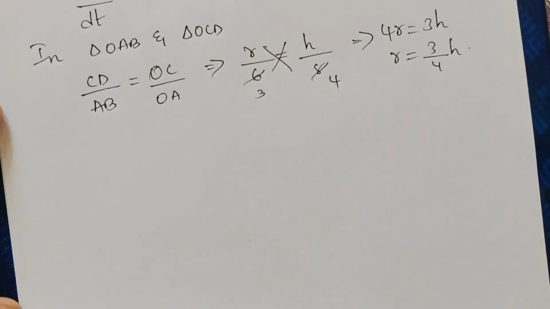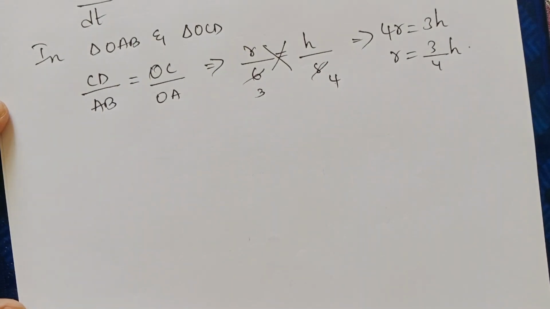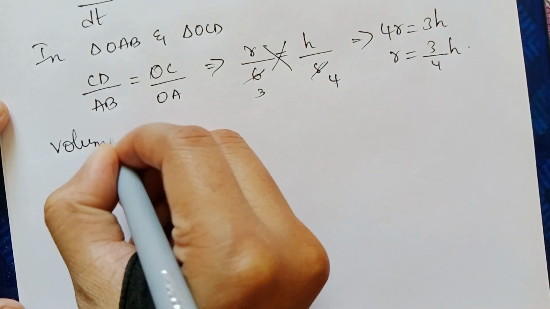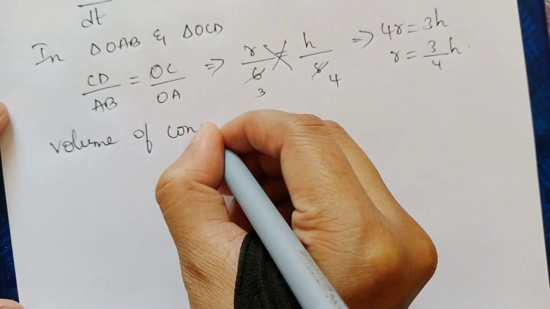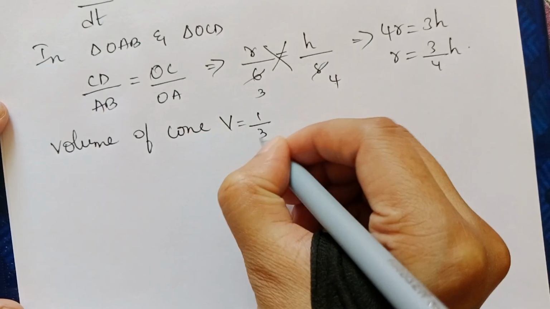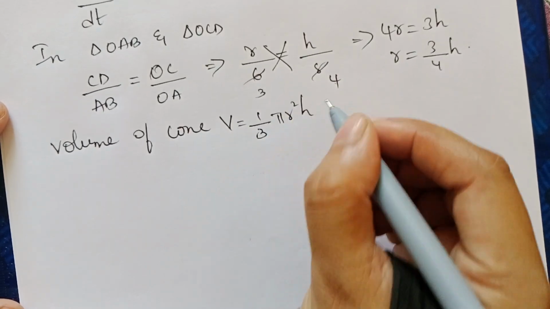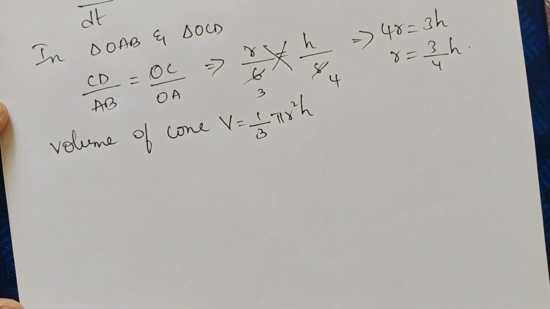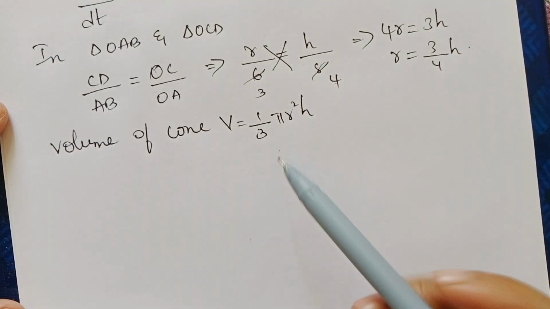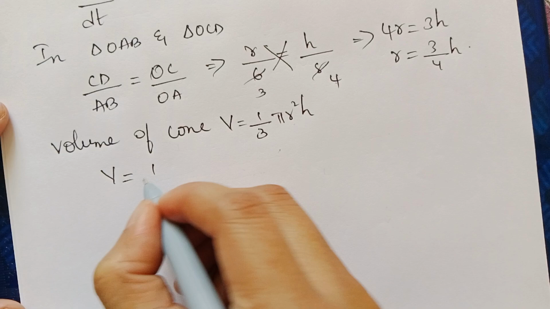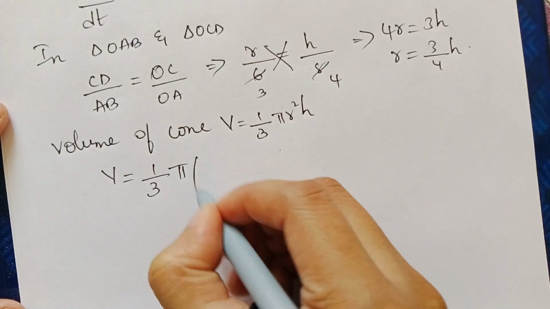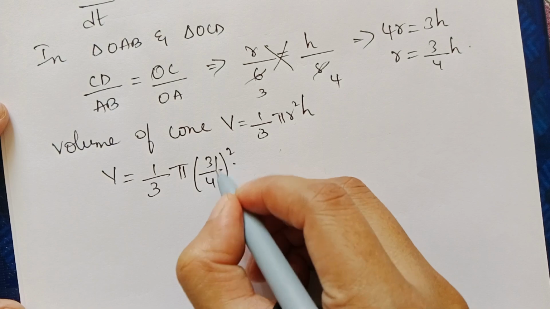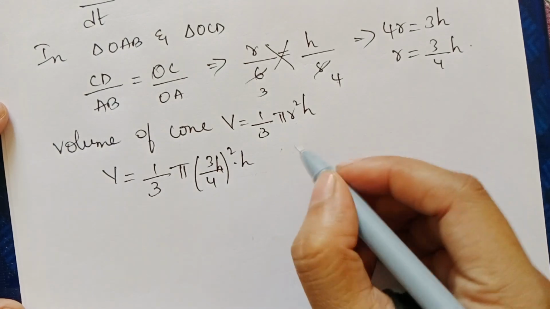Now write the equation of the volume of a cone: V = (1/3)πr²h. So substitute the value of r in this equation. We'll get V = (1/3)π(3/4 h)² h, right?